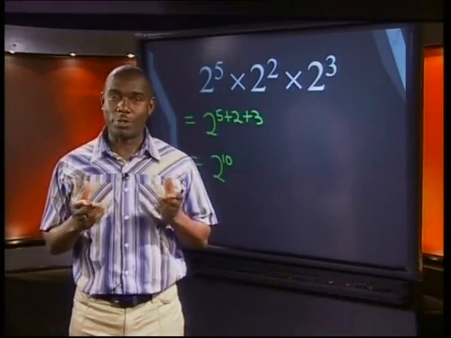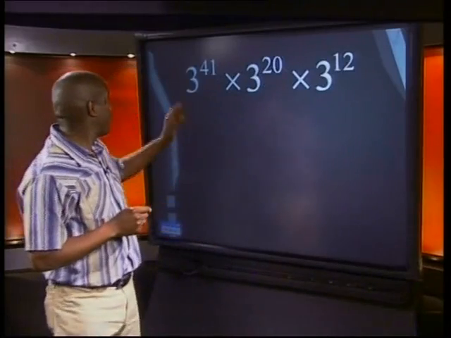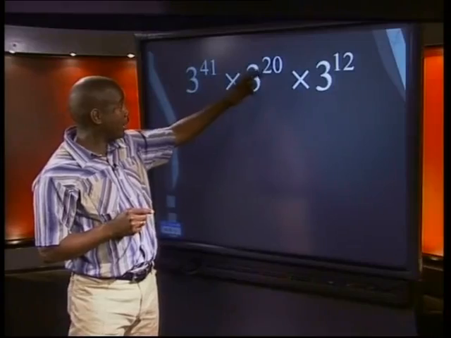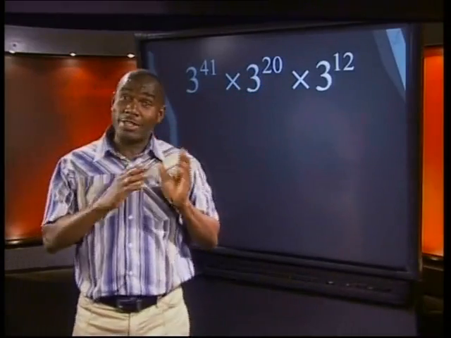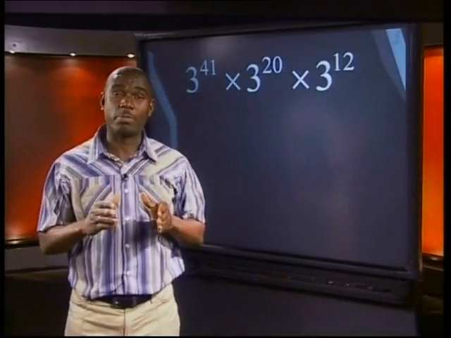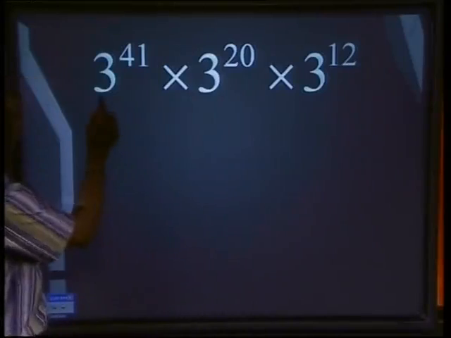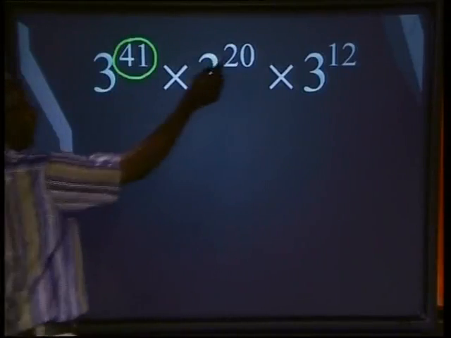Now that we know the first law, let's use it. Can you find the answer to 3 to the power 41 times 3 to the power of 20 times 3 to the power of 12? The bases are the same. So can we add the exponents? Let's see. We said if the bases are the same, we simply add the exponents.